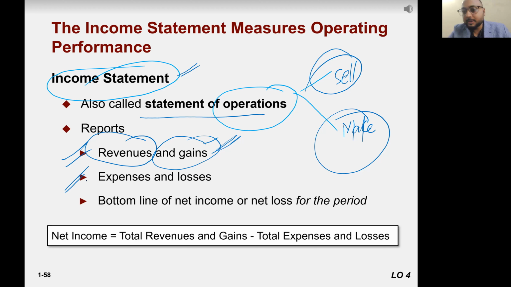Expenses and losses: losses are the opposite of gains. Expenses are day-to-day transactions which help to increase sales. Salaries we pay because workers are working to make the product. We pay utility bills, water charges, whatsoever.